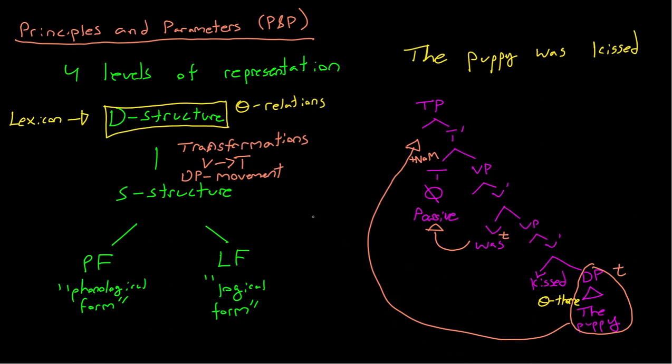So this new structure, where was is in the position of the tense node and the thematic object is in the position of the specifier of TP, is our S structure. So that is our second level of representation. Importantly, at this level of representation, these traces exist where the moved element is moving from.